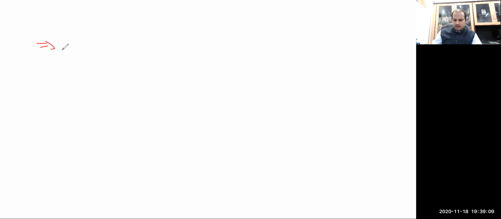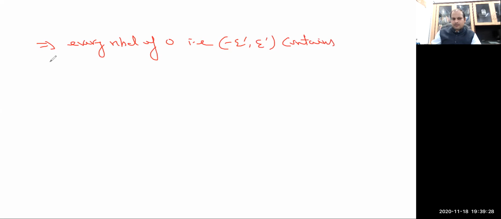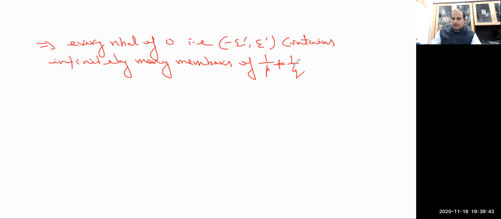So in case second, let me write the final statement: every neighborhood of 0, that is minus epsilon dash, of 0, contains infinitely many members of the type 1 by p plus 1 by q from the set A, and this for every q greater than or equal to p of A. But remember that this claim comes from Archimedean property of real numbers.